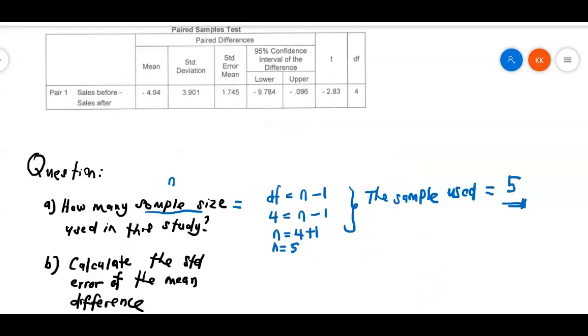The next question is calculate the standard error of the mean difference. So to answer these questions, we go back to the output, and from the output is given the standard error of the mean, which is 1.745. But the question asks you to calculate the standard error, so you must show the calculations.